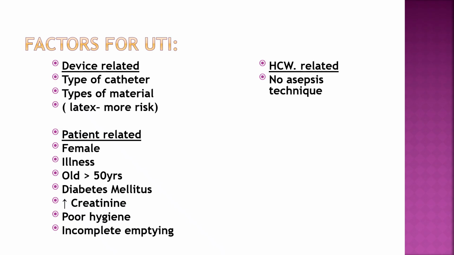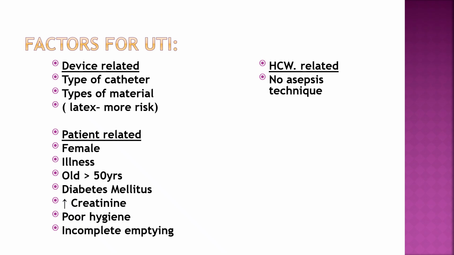Then patient related. Female patients are more prone to urinary tract infection. If illness is present, like fever or any other infection, then it causes urinary tract infection. Old age, that is more than 50 years of age, are predominantly involved in UTI.